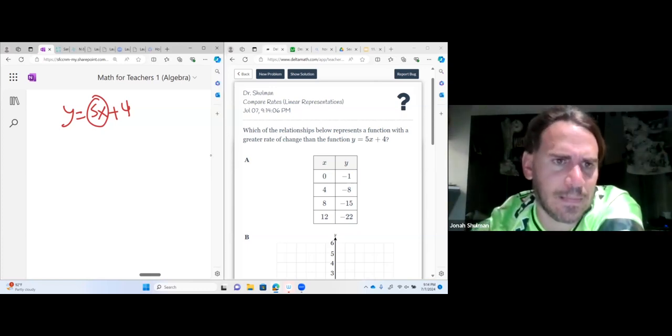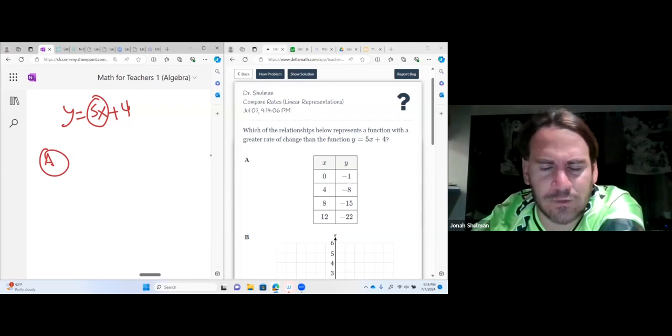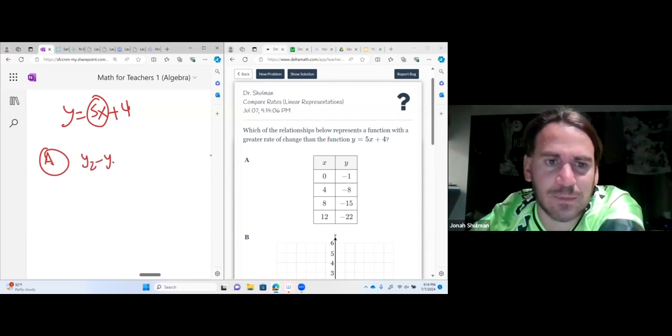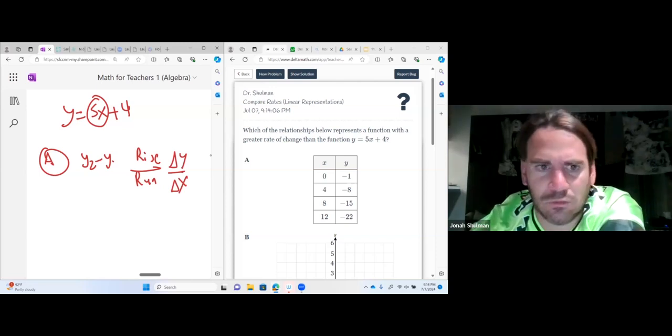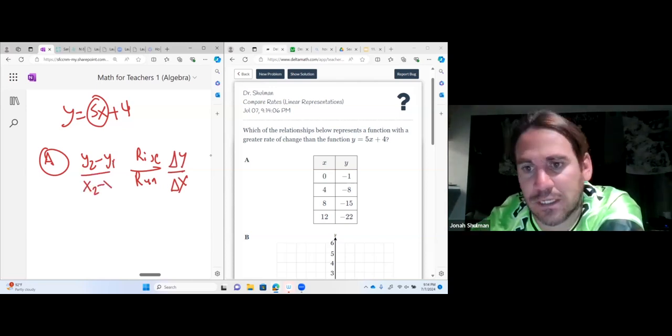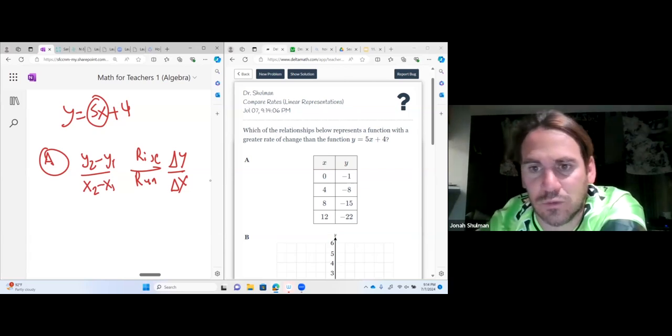So for A, to find the slope, you can just do change in y. It's basically rise over run, or delta y over delta x. So we just do y2 minus y1 over x2 minus x1. You pick any points you like. I usually use the first points.